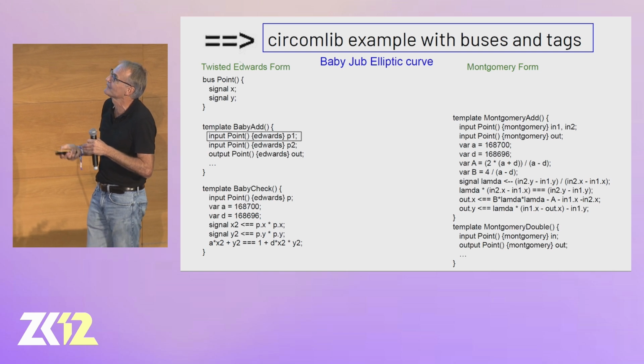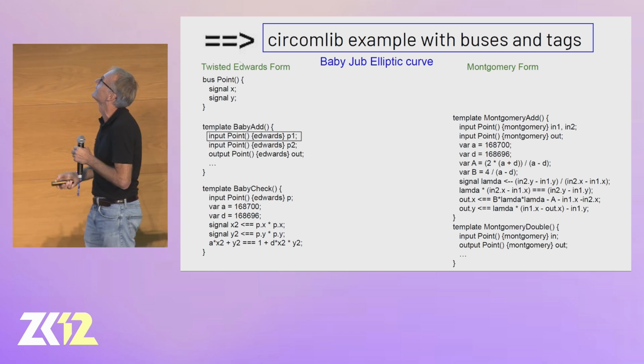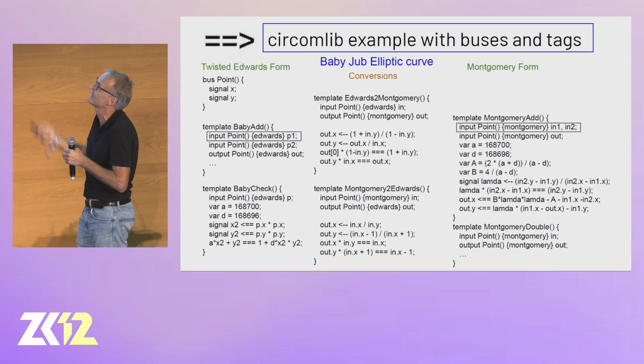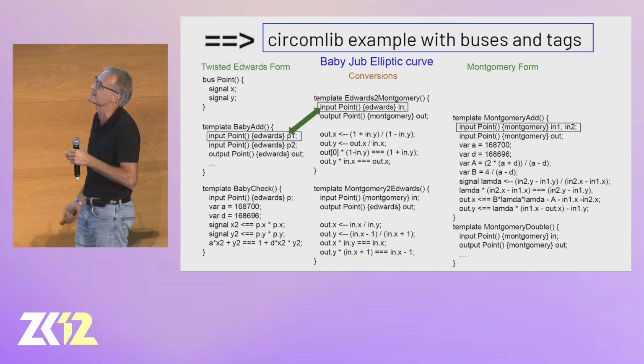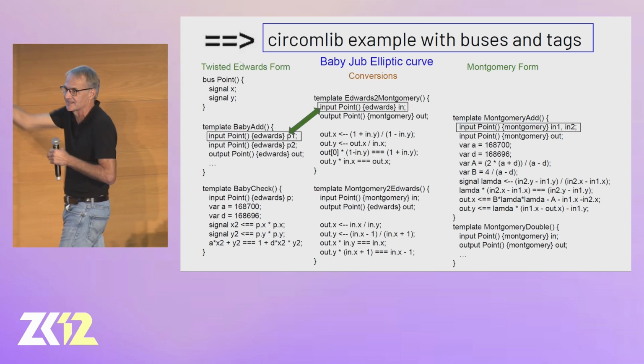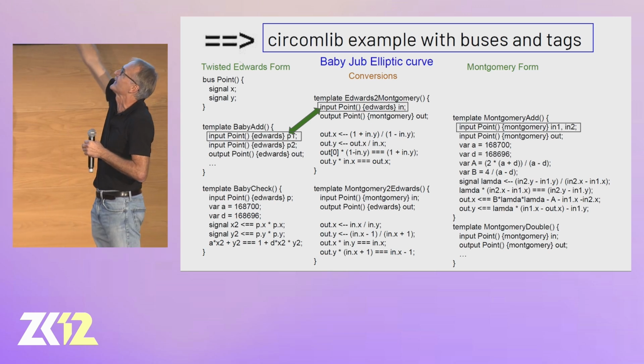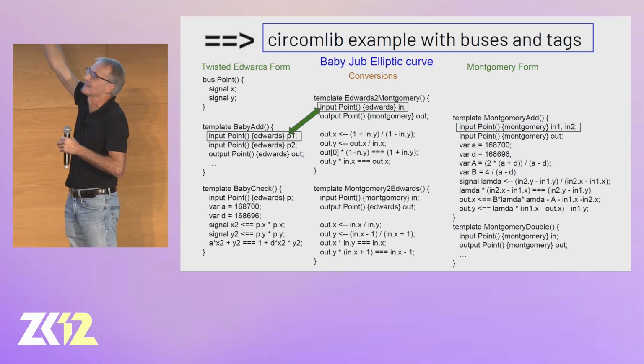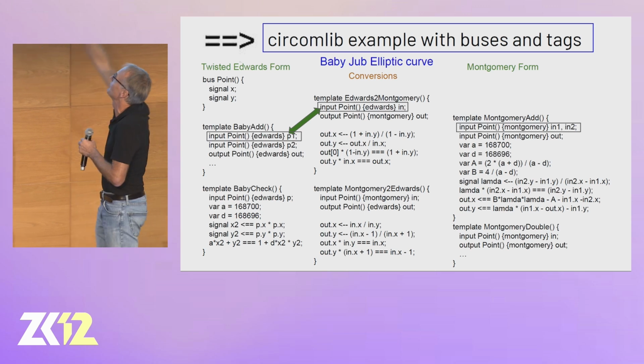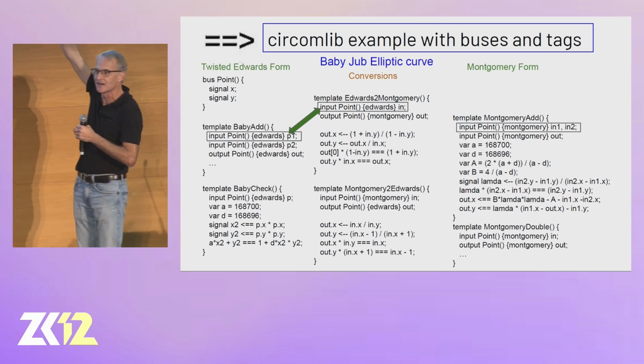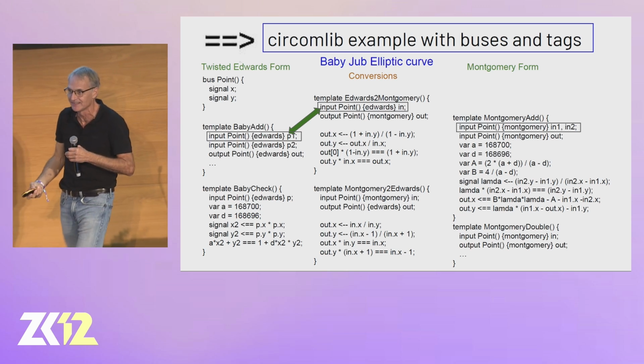Then when you have the conversions, everything matches again, because here I get this Edwards point, then I get an output point with the Montgomery tag that I will be able to use in the other template because it has the tag.